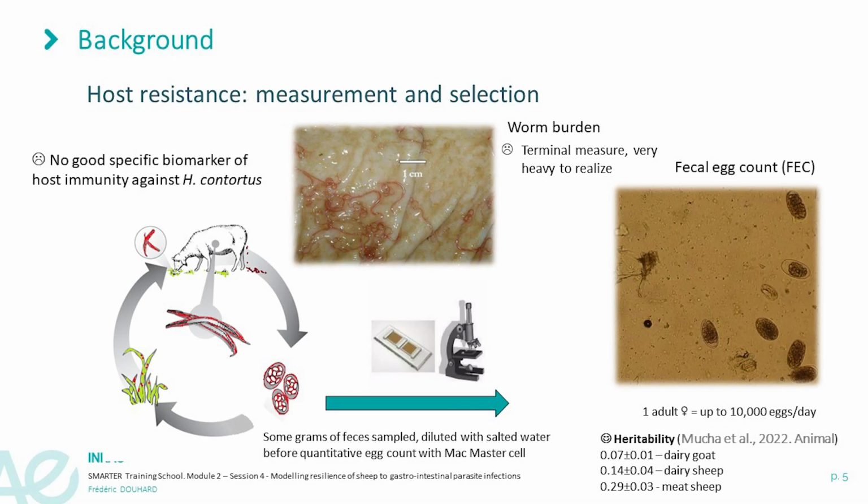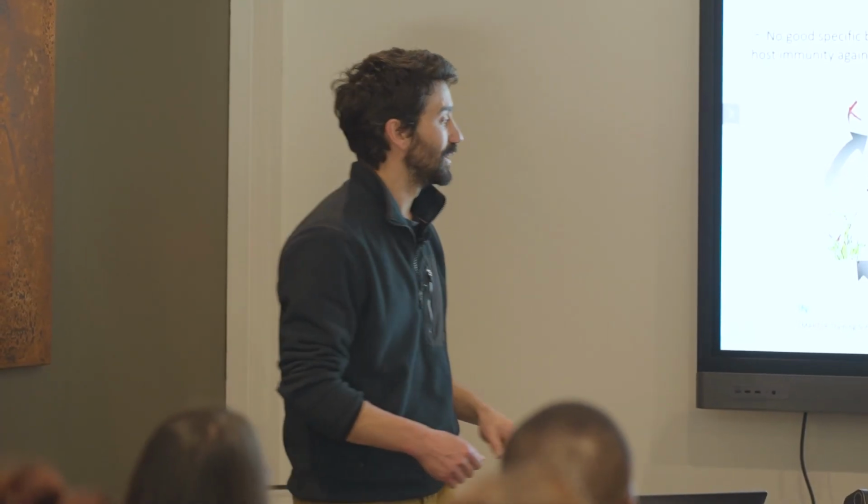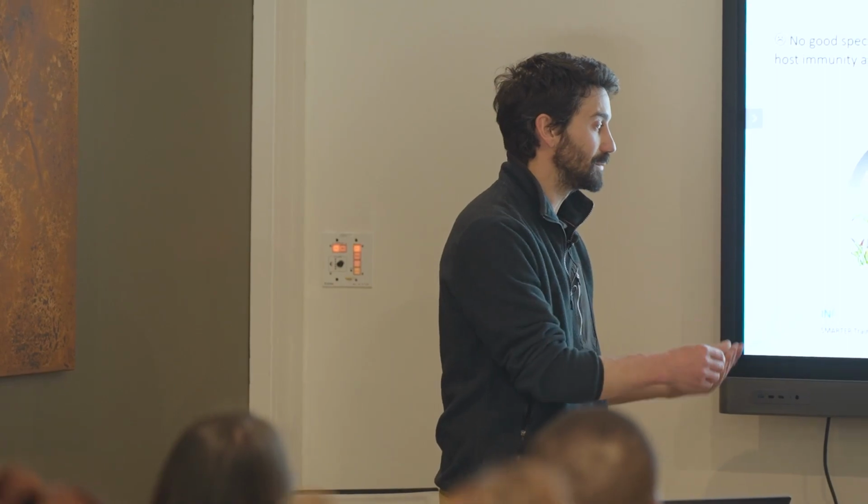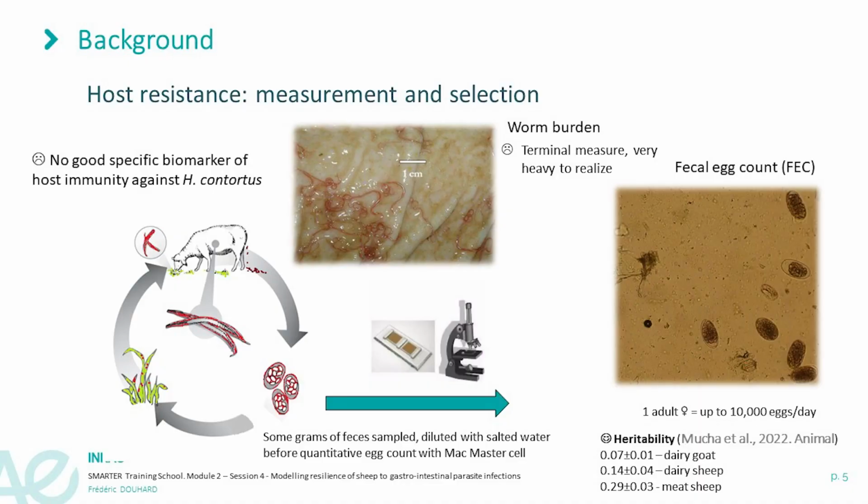Another measure is to take the feces and count the number of eggs that are in the feces. It's very simple because you only need some grams of feces to dilute them with salted water, and then count with a microscope and a specific cell.